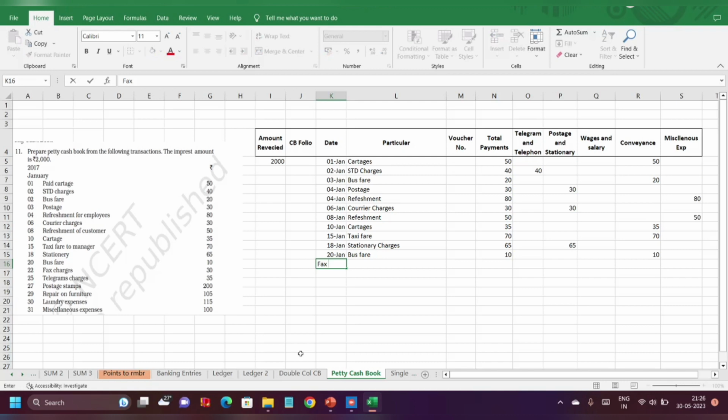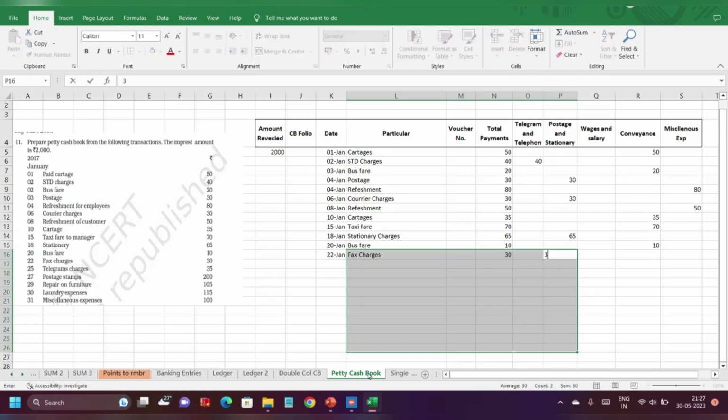Next, fax charges. Sorry, date we have to write here, 22, fax charges, amount of rupees 30 in our postage and telegram column, 30.